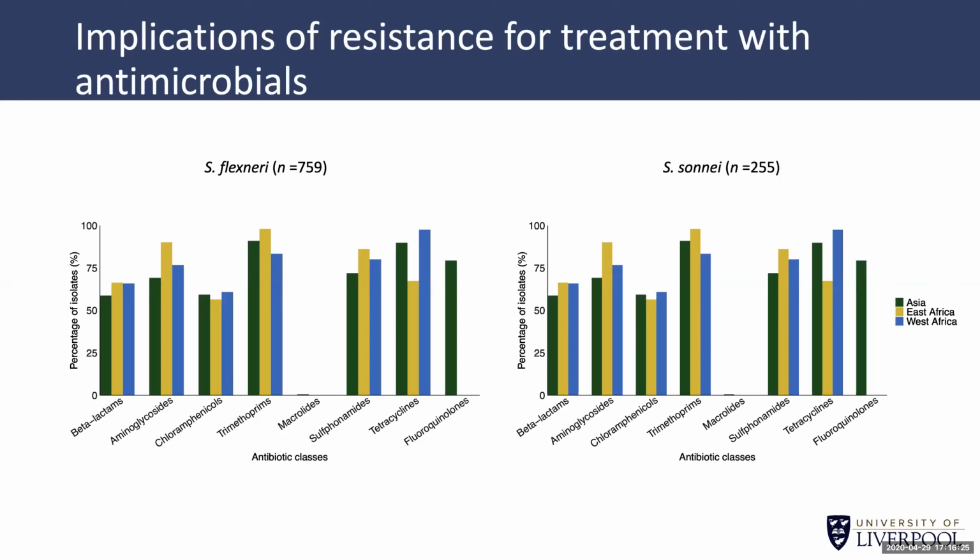And our analysis showed that more than 60% of the GEMS isolates are multi-drug resistant. So they carry genetic determinants that confer resistance to more than 3 classes of drugs. So for both species, we detected a mutation that confers reduced susceptibility to ciprofloxacin. And this is the current recommended antimicrobial therapy for shigellosis.